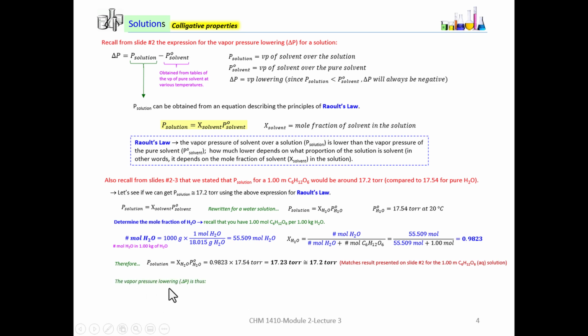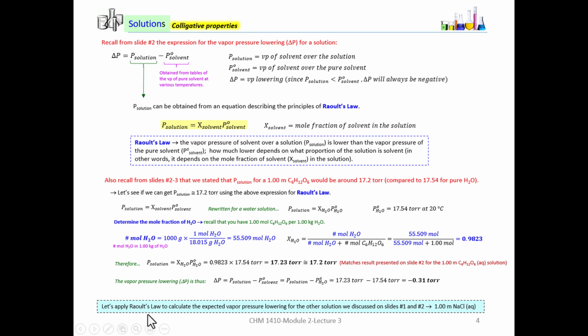So the vapor pressure lowering is thus the vapor pressure of the solution, 17.23 torr, minus the vapor pressure of the solvent. So we've just said the vapor pressure lowering is minus 0.3 torr. That's how much the vapor pressure dropped for the 1 mol solution of glucose compared to the vapor pressure of water over just pure water.